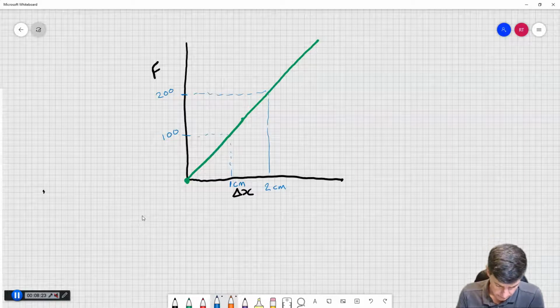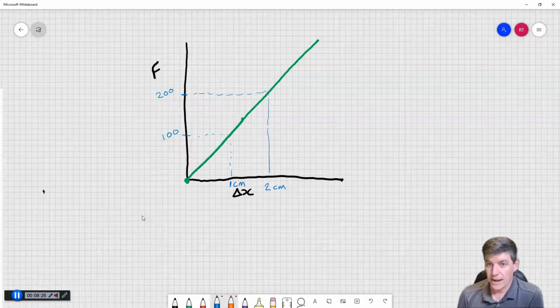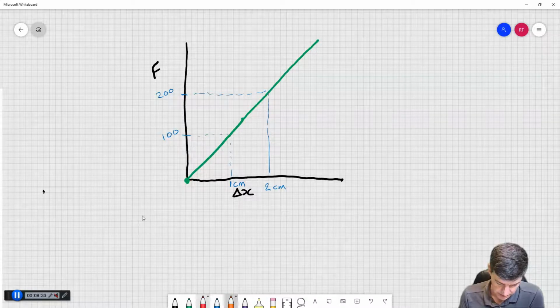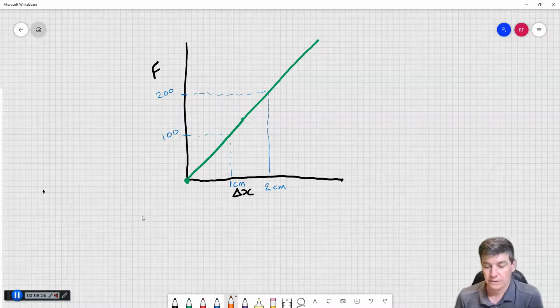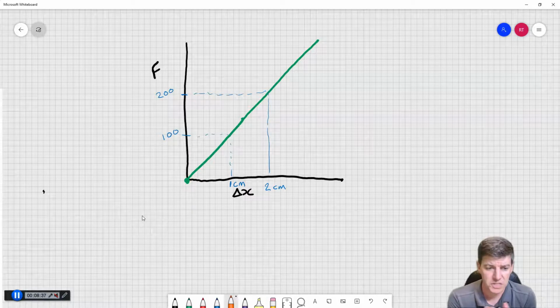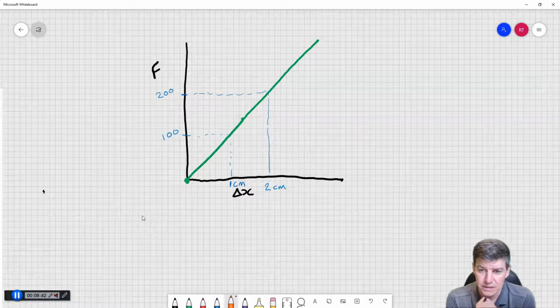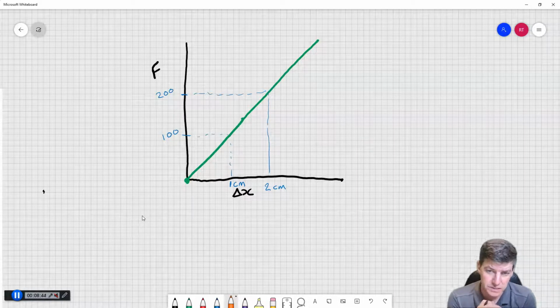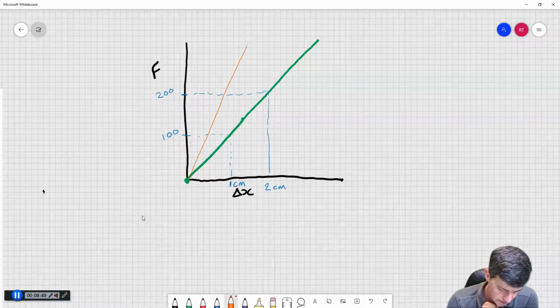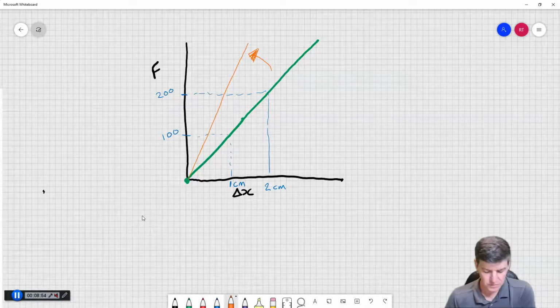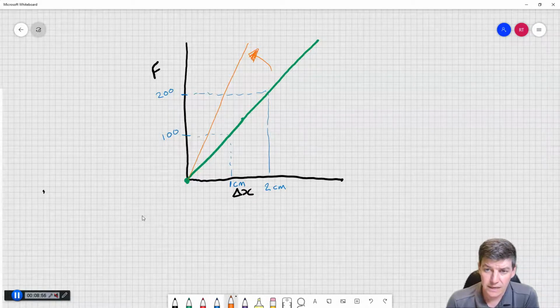Now, that was for one spring. However, all springs are going to have different characteristics. So for instance, I might have a spring that is stronger. A stronger spring would require more force to stretch a shorter distance. And what that means is that a stronger spring would still be a straight line, but it would be a steeper line.